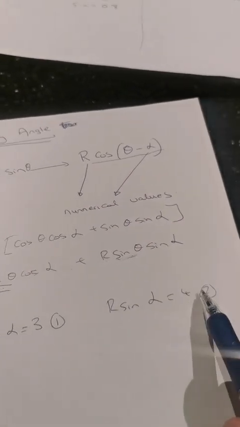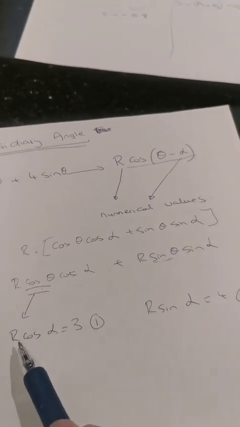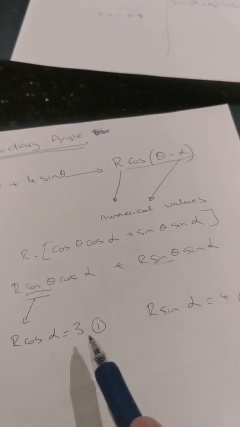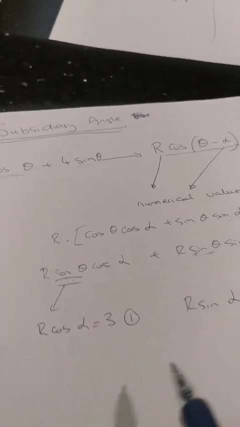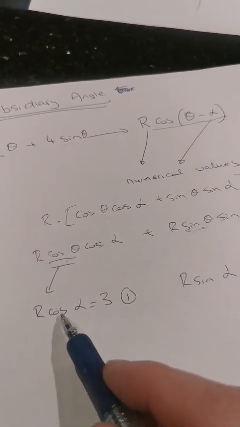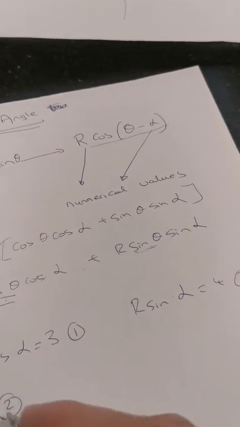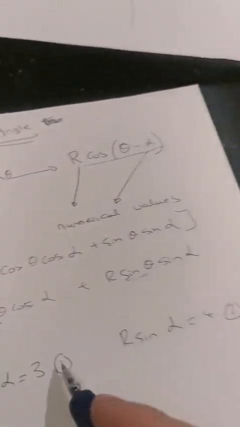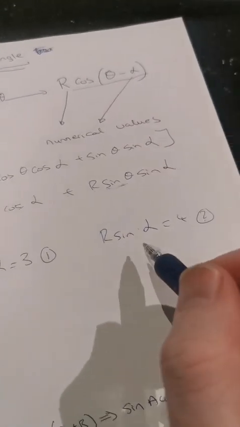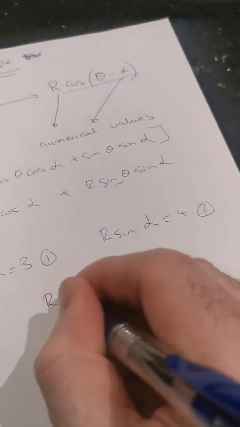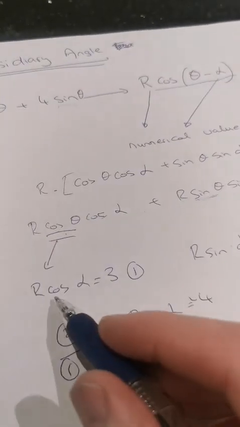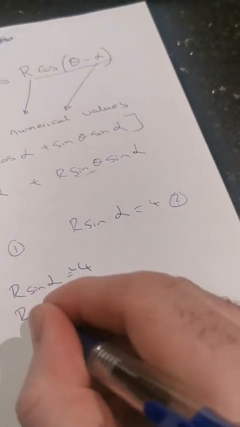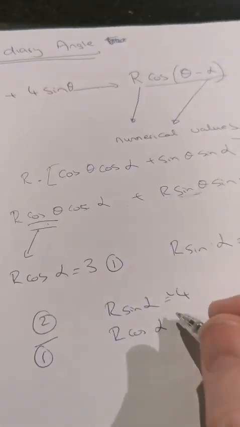So once you get into this formula like this, you have to work out the values of r and alpha. If you see sine and cos, you've seen it before in AS level. If you do sine alpha divided by cos alpha, it's tan. So in this case, if we do equation 2 divided by equation 1, equation 2 is r sine alpha equals 4, and then equation 1, r cos alpha equals 3.